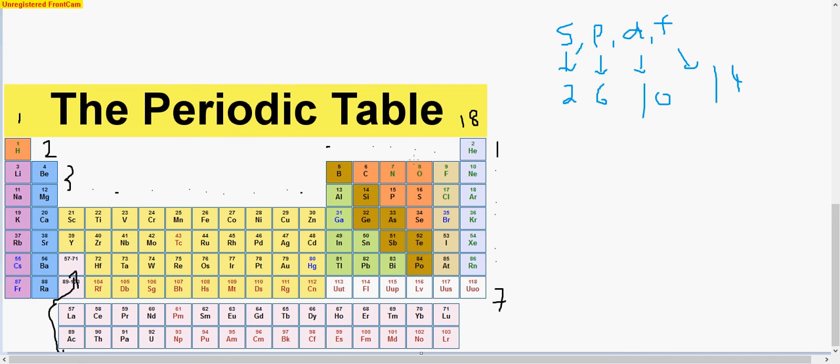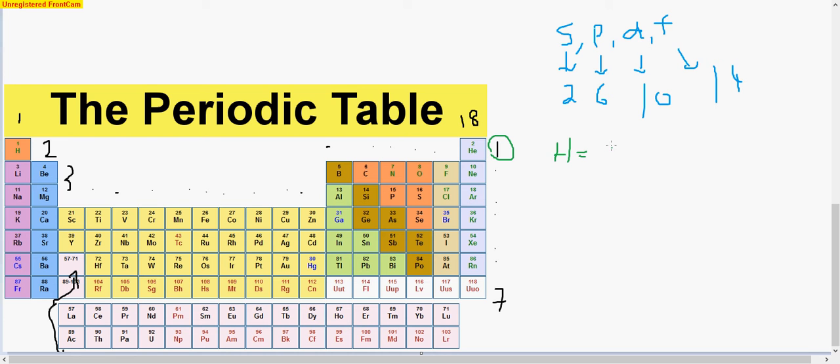Now we'll first do the electronic configuration of hydrogen. I'll first do some electronic configurations, from which you will understand how we configure later. When we write it, first we write the number of the period. Hydrogen is in the first period, right?